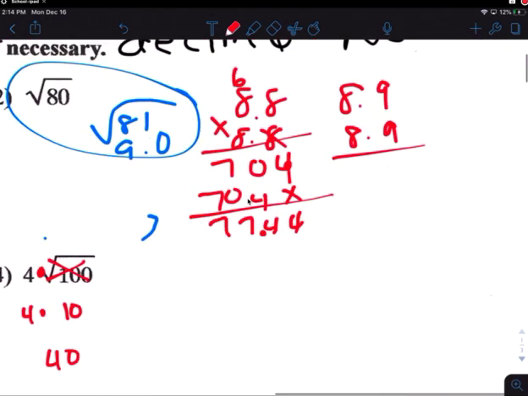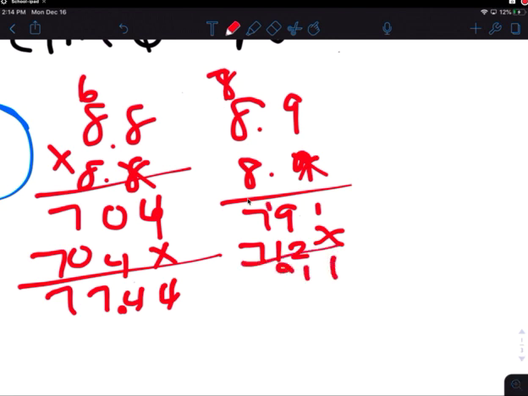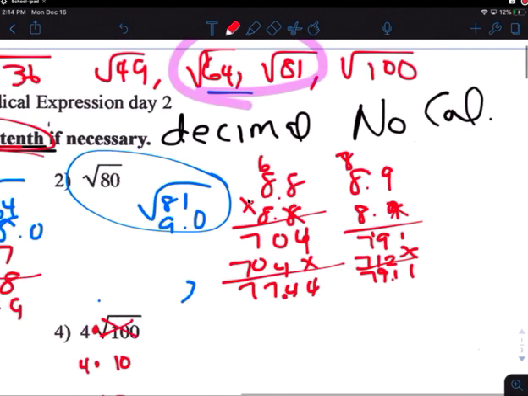Most likely it's 8.9. 1 carry 1, 71, 79. 72 carry the 7. 64 plus 7, 71. Yeah, 64 plus 7, yeah, 71. 111 carry 1, 9. 79.21. Yep, so the square root of 80 is 8.9.